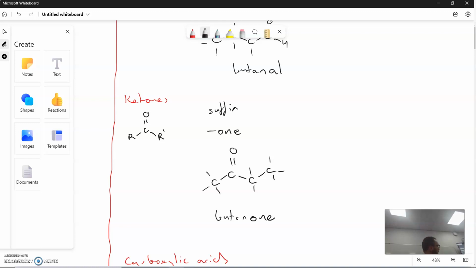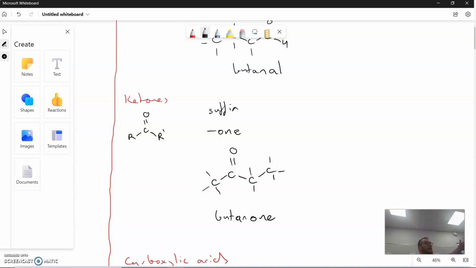We don't have to specify the number, right, of the ketone, because it can only come in one place. Yeah? Ketone won't be on a terminating carbon, otherwise we end up with an aldehyde. So that's the distinguishing difference. Aldehydes must be a terminating carbon. Same with carboxylic acids, must be a terminating carbon.